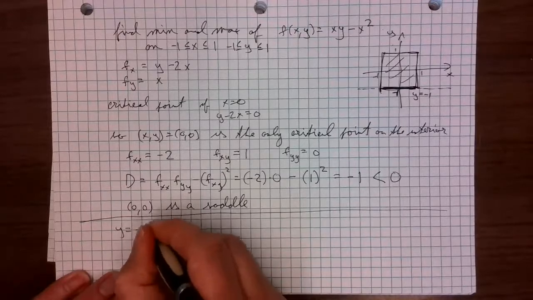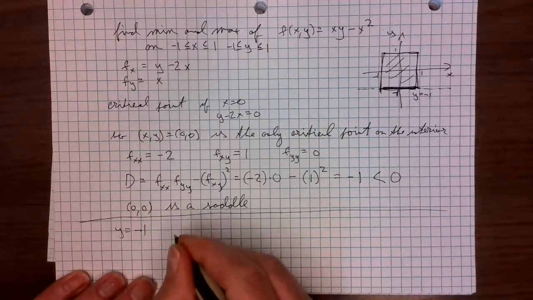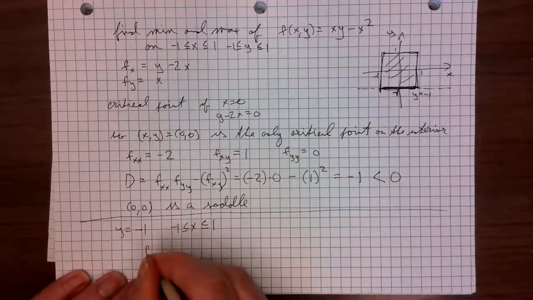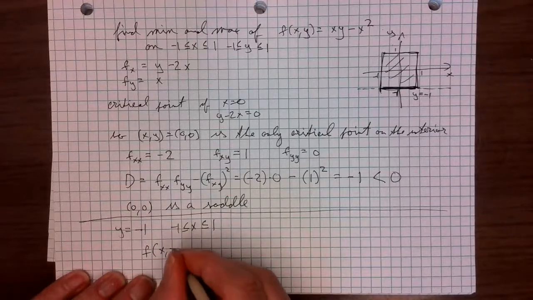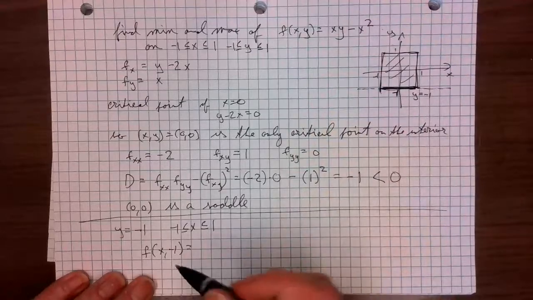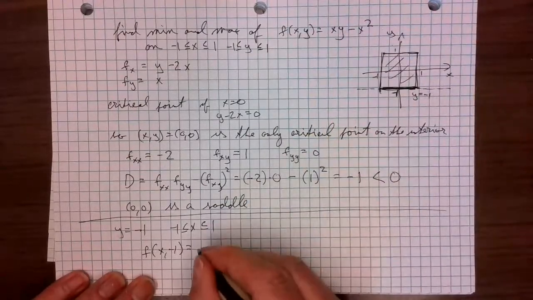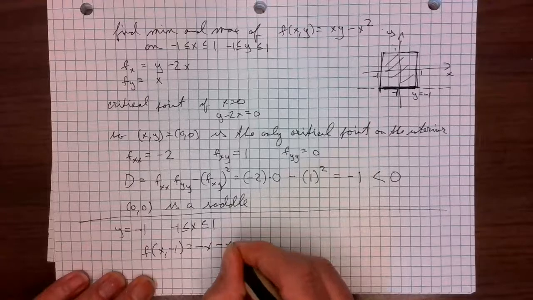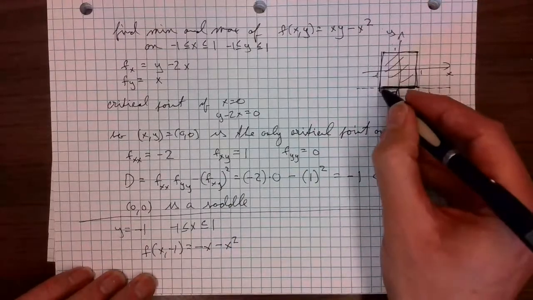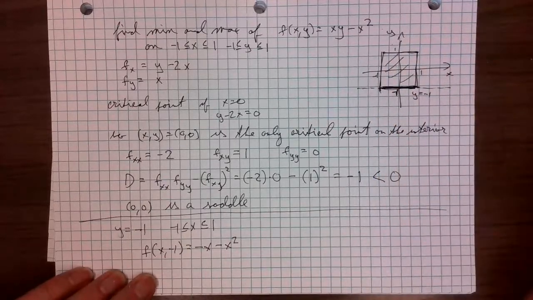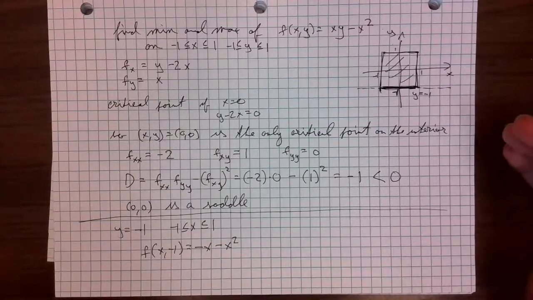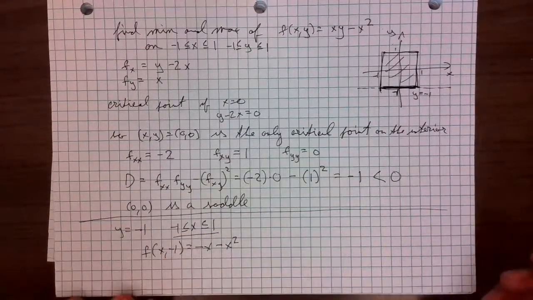Well, we said y is -1 and x is between -1 and 1, and so I'm looking at f of x, -1, which I just plug in and I get x times -1, so I have minus x squared. All right, so that's my function out here on this line, and I just need to figure out what the minima and maxima are on this interval.